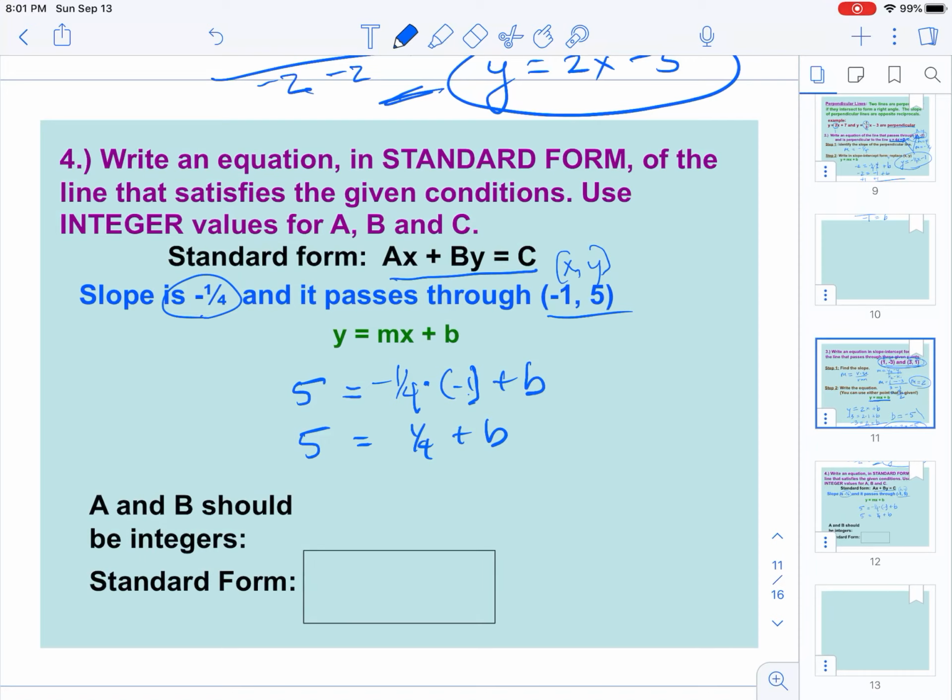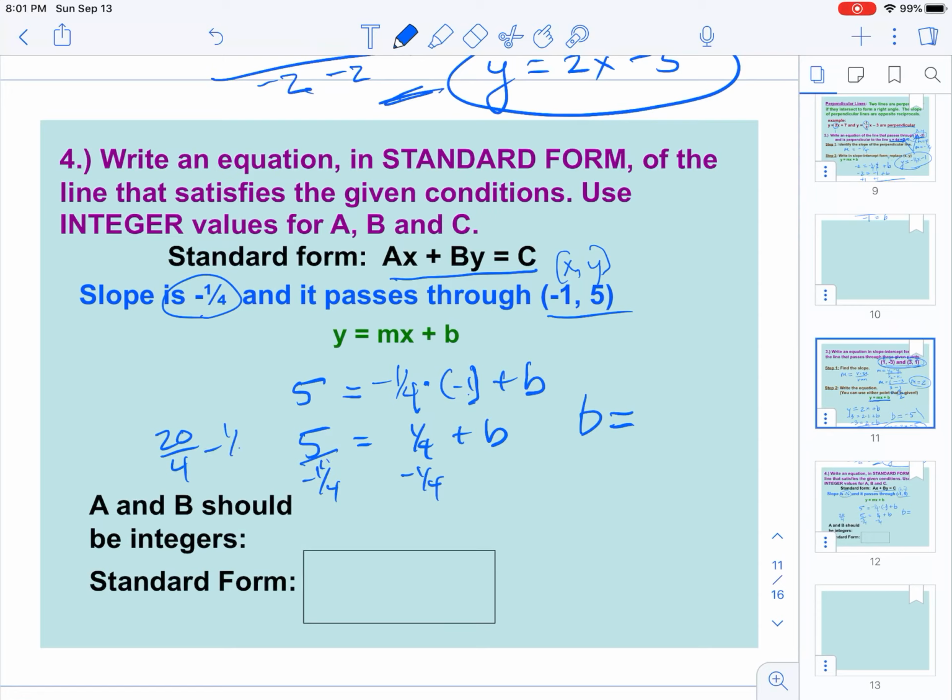And so in order to get b all by itself, I'm going to subtract 1/4, subtract 1/4, and it looks like b equals, if I have 5 over 1, that is really the same as 20 over 4. I multiply both top and bottom by 4.